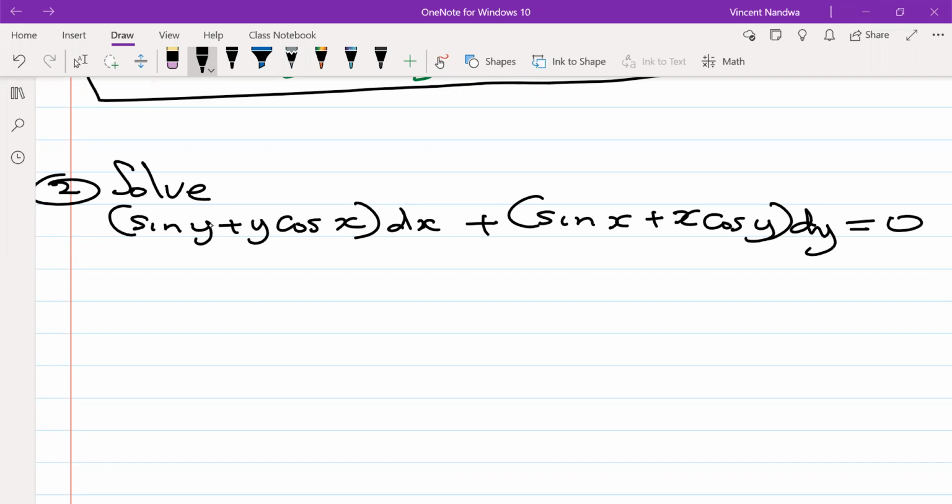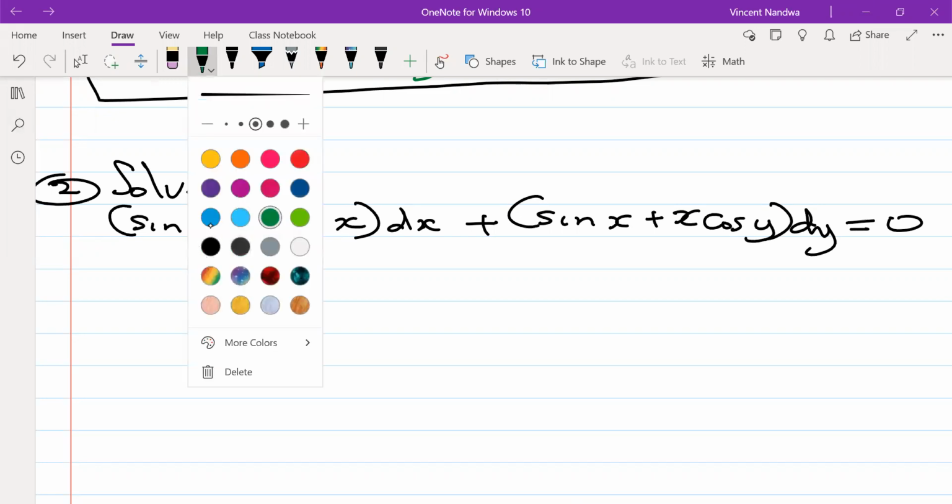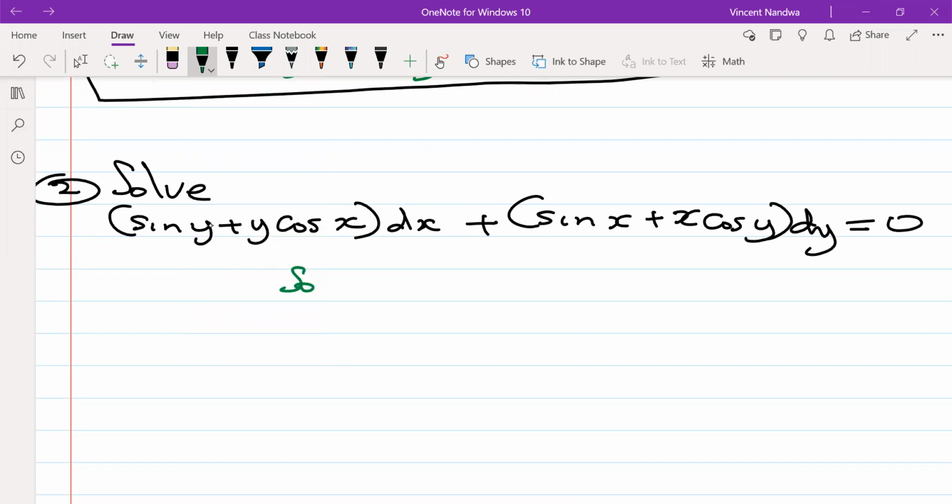So to solve this, we start by testing whether the equation is exact.